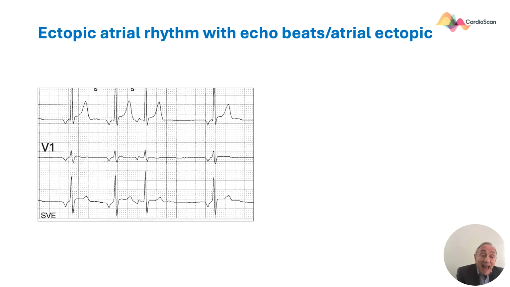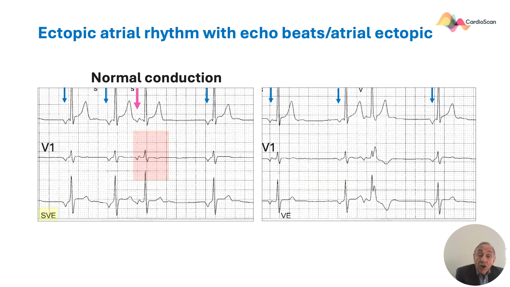Here is another ectopic atrial rhythm, blue arrows you can see, and then there is an early ectopic beat. Again, this may be an atrial ectopic, but is more likely to be an echo beat, and you can see in V1 it conducts normally. It is reported as a supraventricular ectopic, and it's normal conduction.